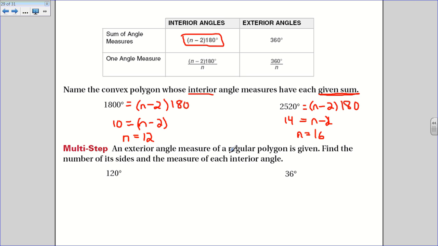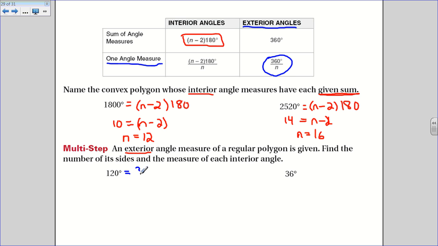An exterior angle measure of a regular polygon is given. So keyword, it's an exterior angle this time. So regular polygon, and they're giving us one angle measure. So this is the column we want to be in, this row we want to be in. So we're using this formula right here.